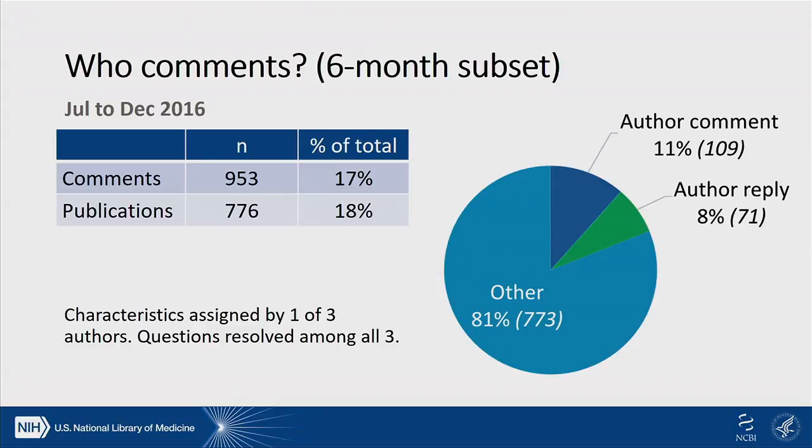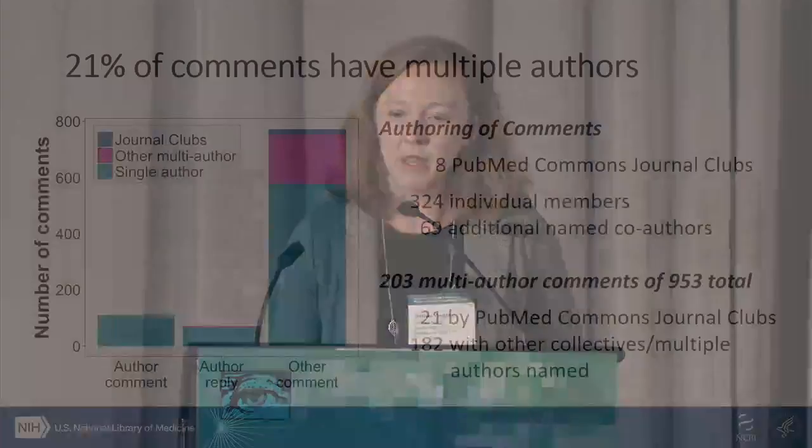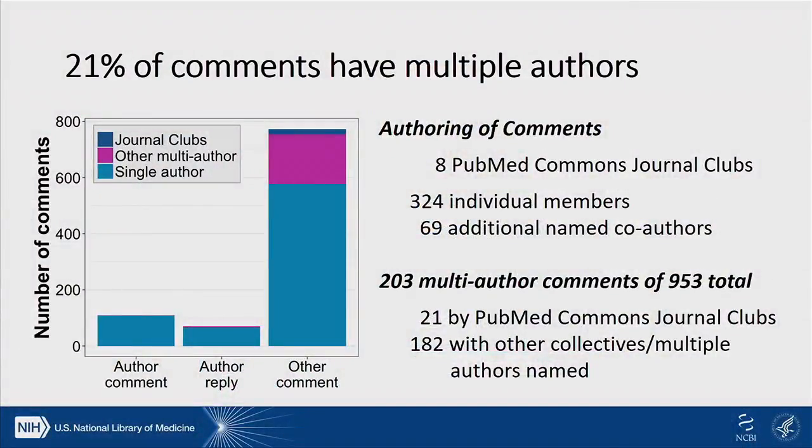And so for this investigation, we reviewed the comments looking for evidence of multiple authors contributing to comments. On the previous slide, I told you about the number of commenters on PubMed Commons.